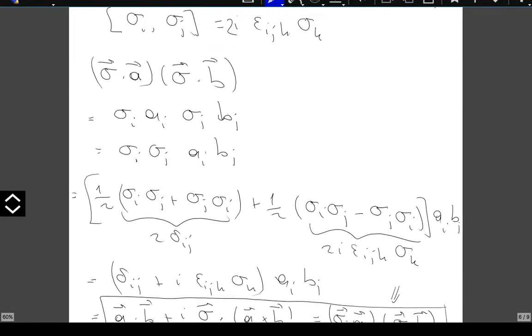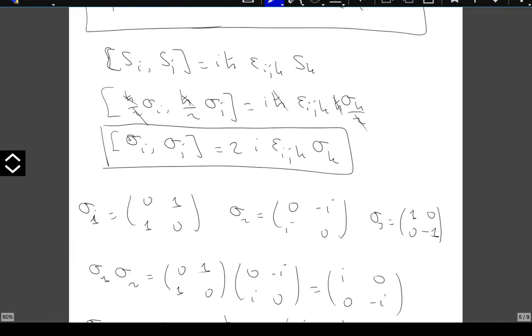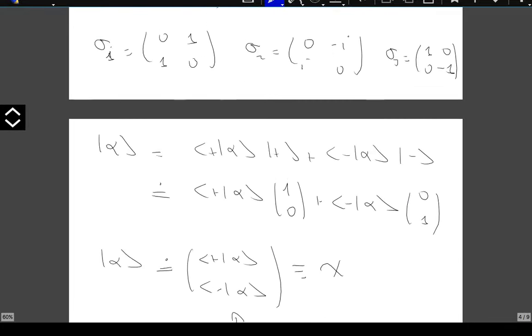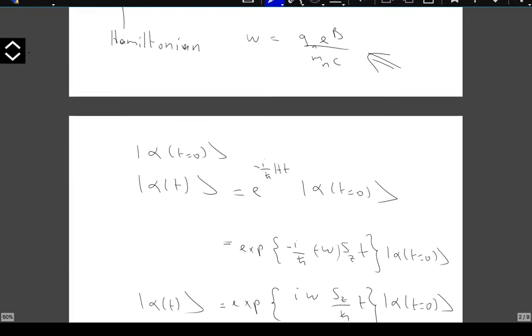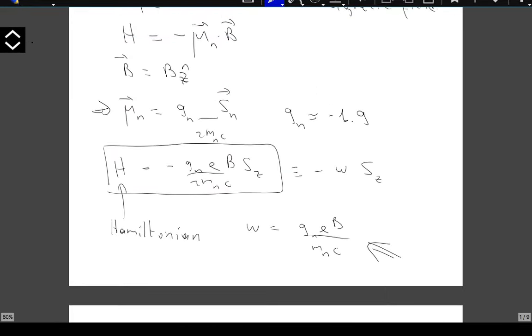If you go back to our initial expression that we used for the spin magnetic field interaction, we have a q over mc times S_z.